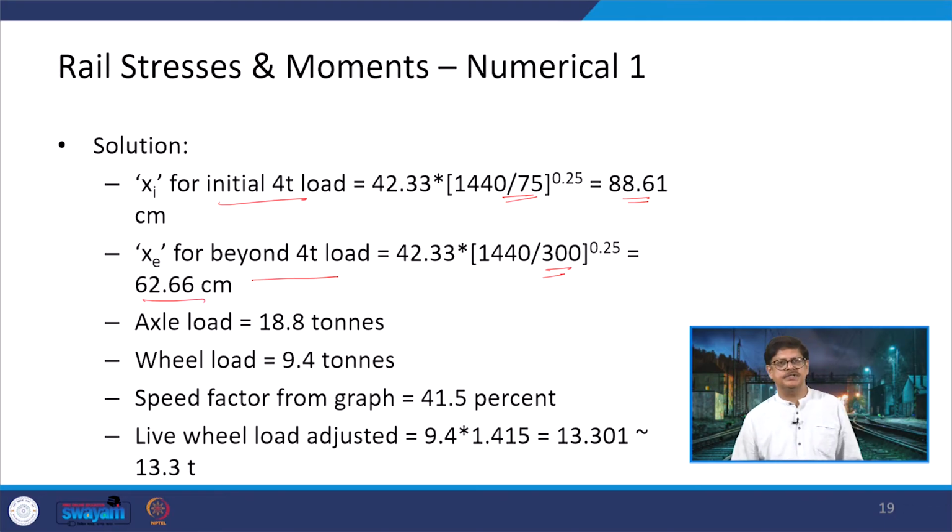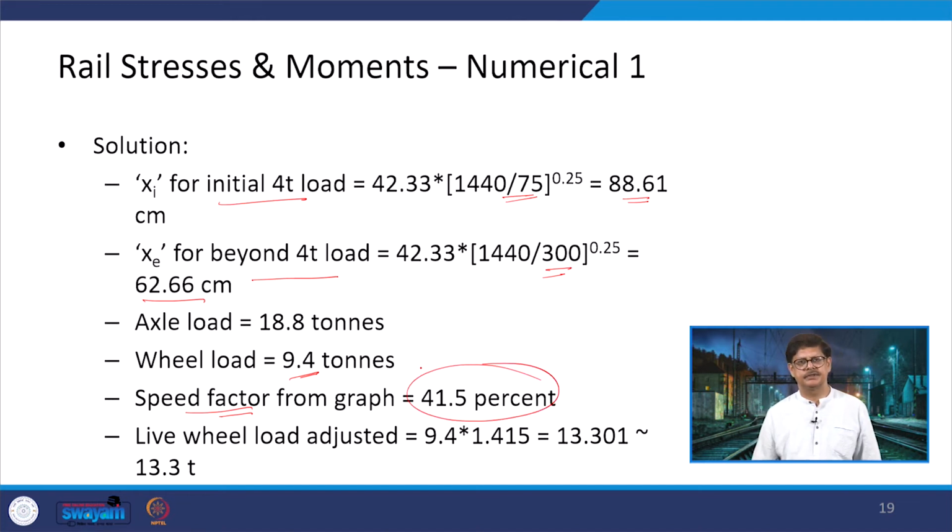Now, the actual load which is given is 18.8 tons. So, the wheel load is half of that. So, we have 9.4 tons with us. And with respect to the speed of 105 kilometers per hour, the speed factor can be found out. There are graphs given in the Indian Railways guidelines. From there it comes out to be 41.5%.